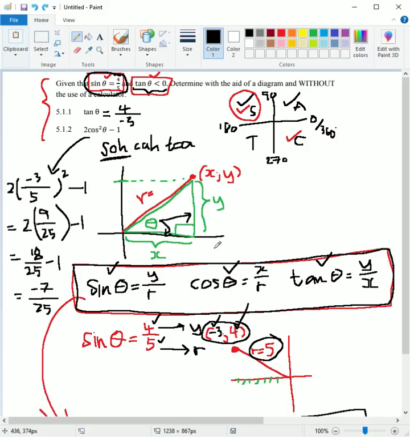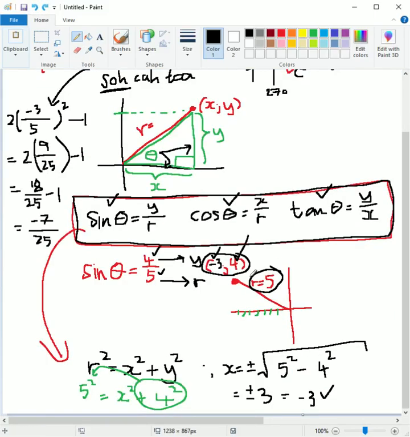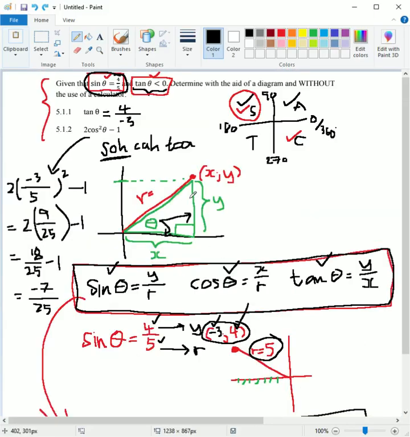The first thing that you do when you solve this question is determine which quadrant you are in. Once you determine which quadrant you are in, you need to find x, y, and r. You did that with these ratios. Once you have x, y, and r, then you can plug them in again into those ratios, into the question that you have, and then you just simplify.